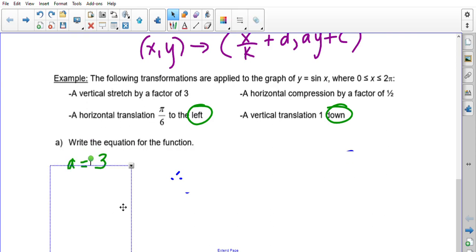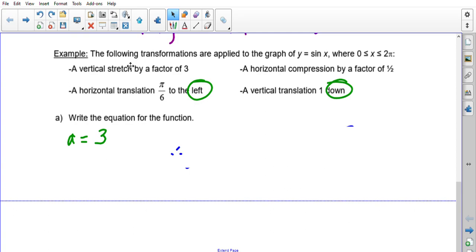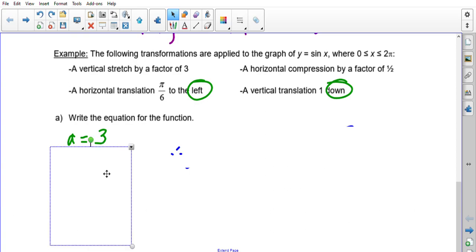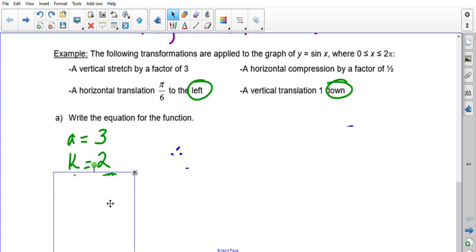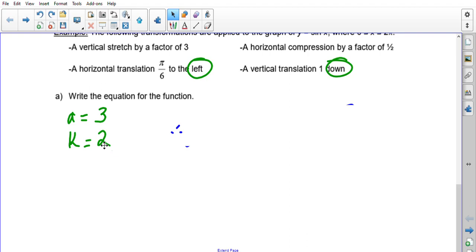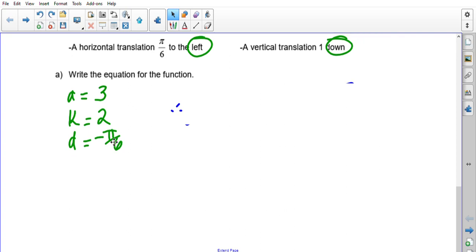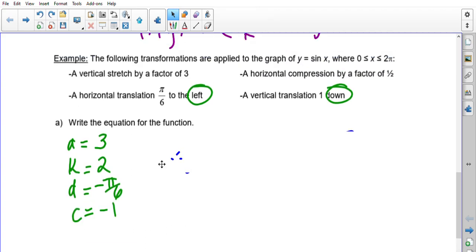So let's come up with our letters. From this point here, we get that A is 3. A horizontal compression by a factor of 1 over 2 tells us that in the equation, K was actually just 2. Horizontal translation pi over 6 to the left means that D was negative pi over 6. And vertical translation down means that C was negative 1.